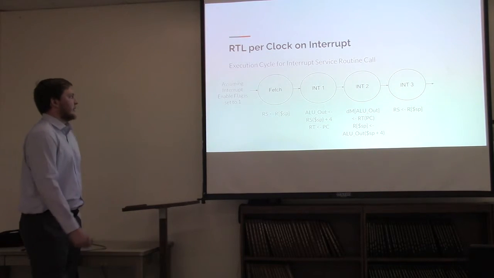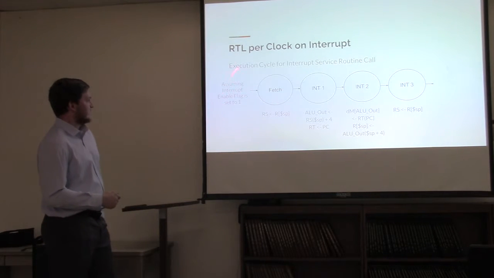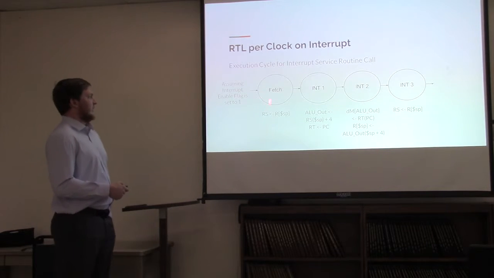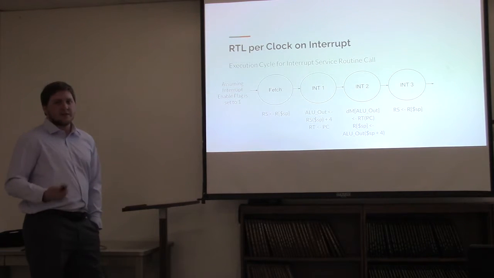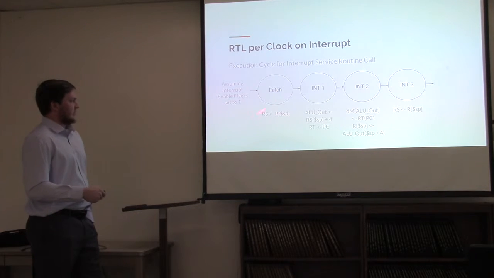And now for our interrupt service routine call, assuming that the interrupt enable flag has been set previously using a SETI instruction, on fetch now, since we don't need to fetch our instruction word, we can immediately load the stack pointer into RS.